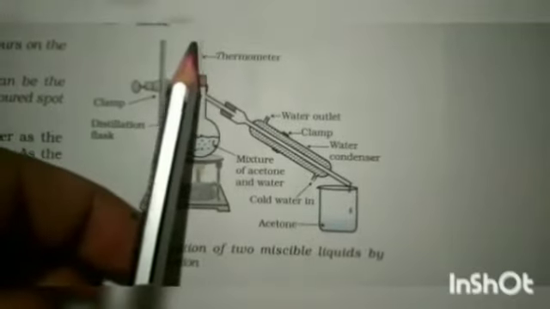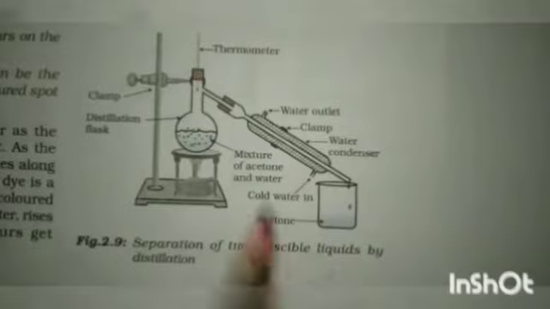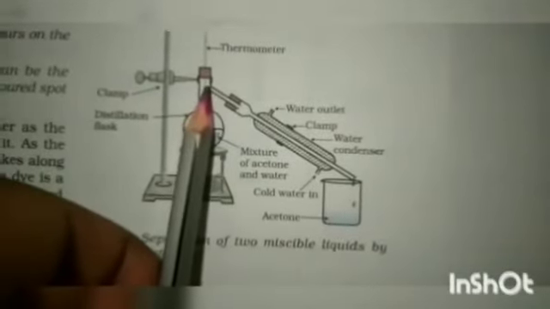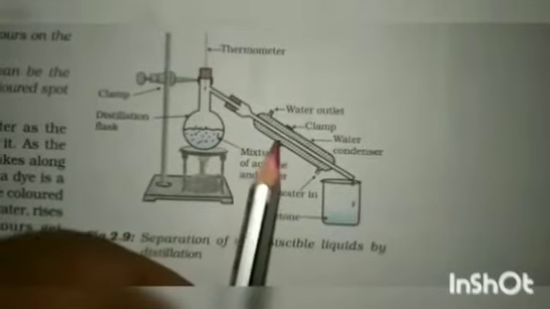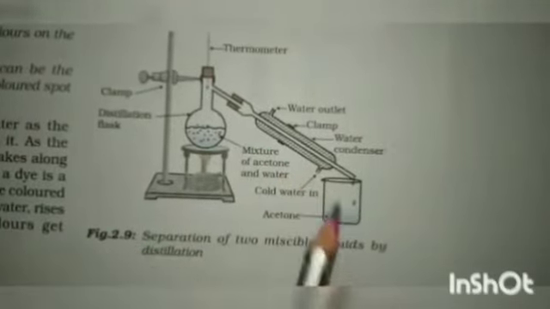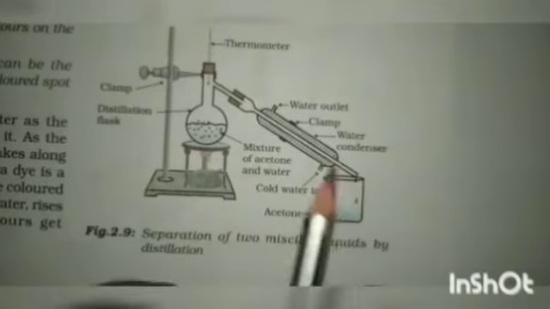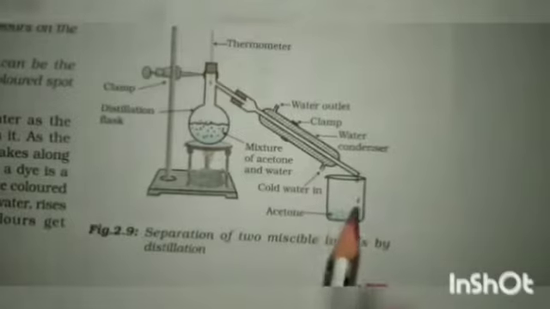Here we have placed a thermometer to check the temperature. This glass tube is connected to a condenser. Condenser means to cool the particles. Finally, there is a collecting chamber.